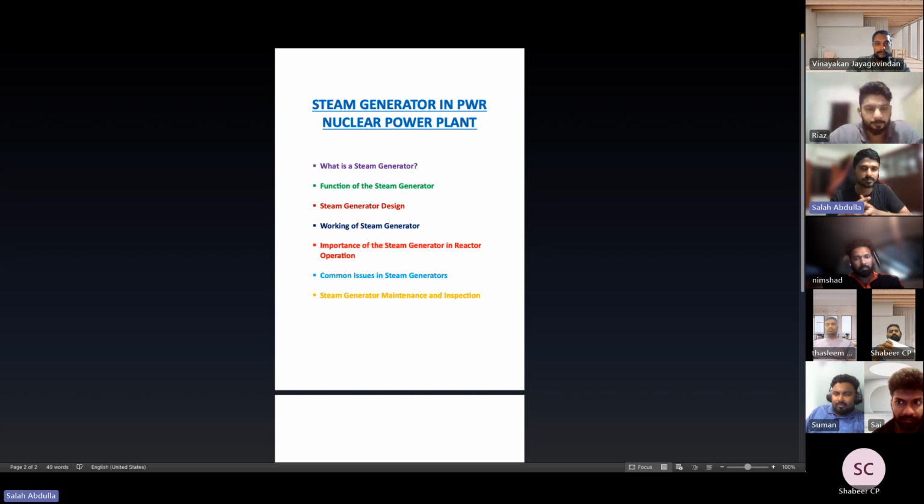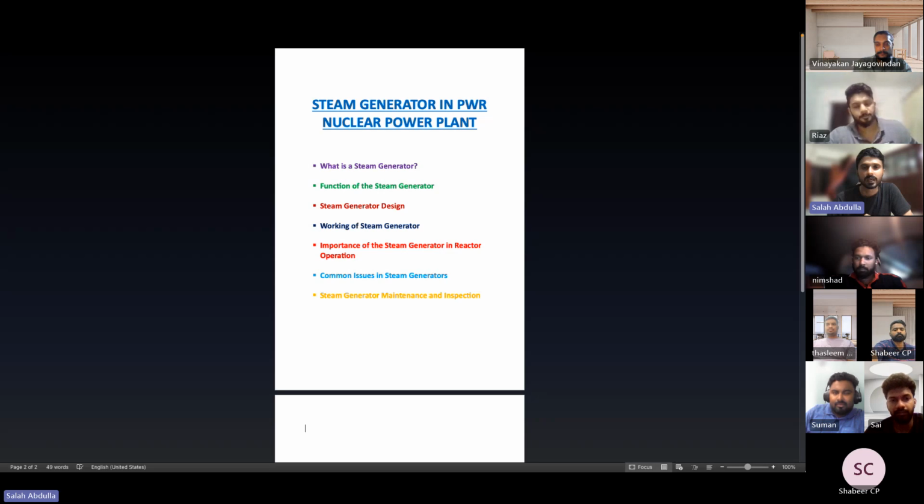The steam generator is a type of heat exchanger which transfers heat from one fluid to another fluid. In nuclear power plants, it acts as an interface between the primary circuit and the secondary circuit. The heat from the primary circuit produces steam in the secondary circuit.